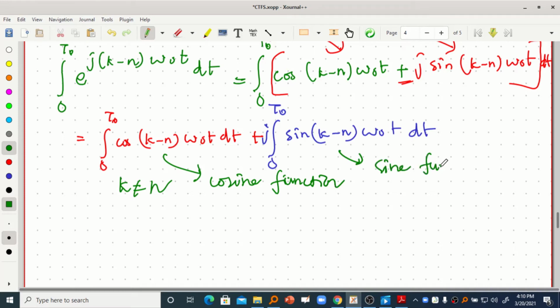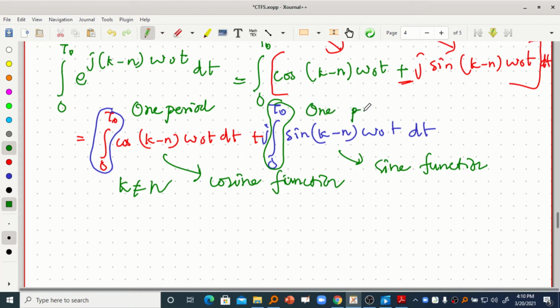And if you carefully observe, we are integrating within the range 0 to t0, and that is one period, actually. So we are integrating within the range of one period.